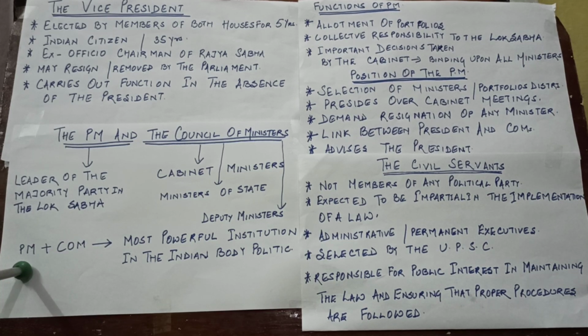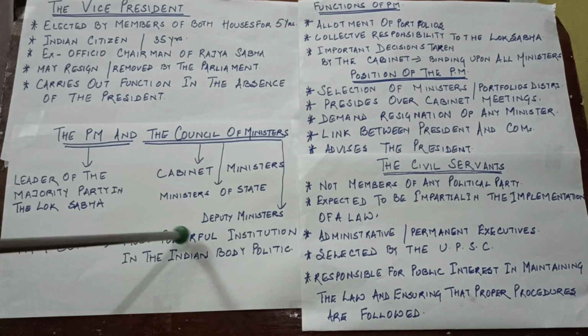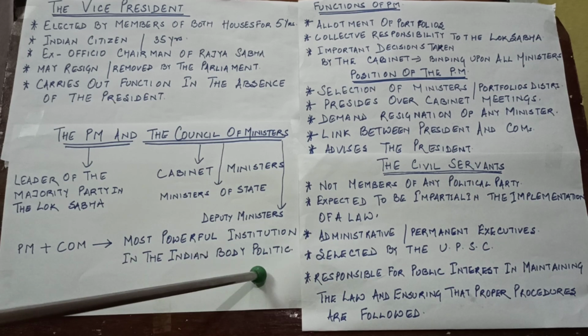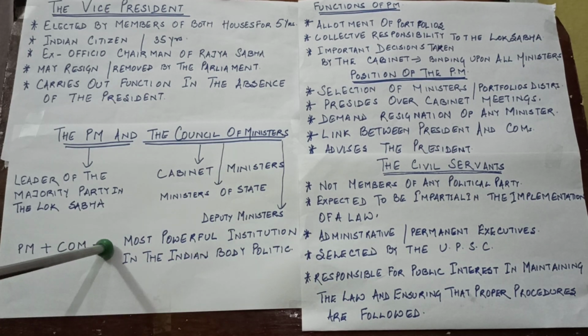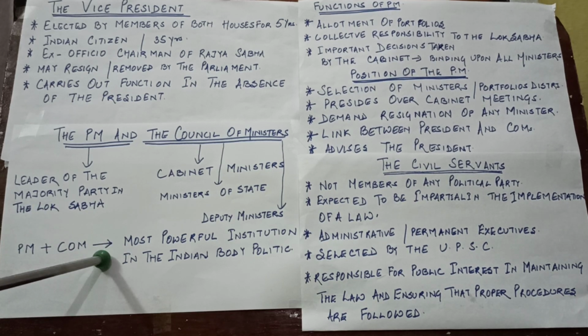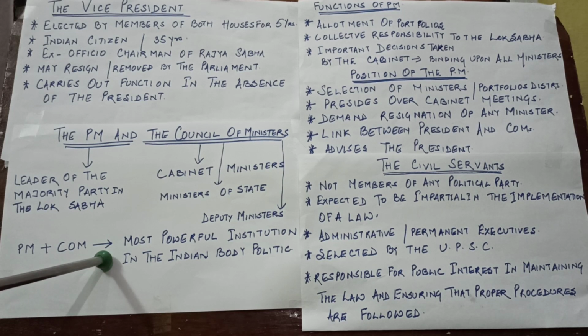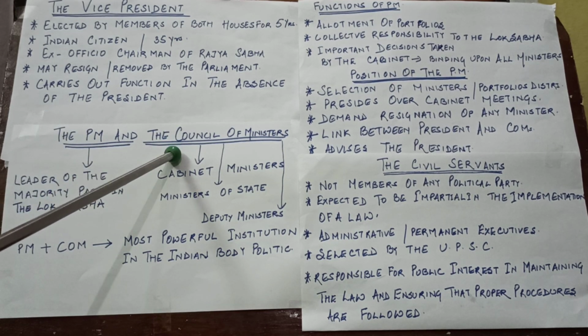The Prime Minister and the Council of Ministers, they are the most powerful institution in the Indian body politic. That means that they are the real executive of the country. All the decisions regarding the national interest of the country are taken up by the Prime Minister and the Council of Ministers.